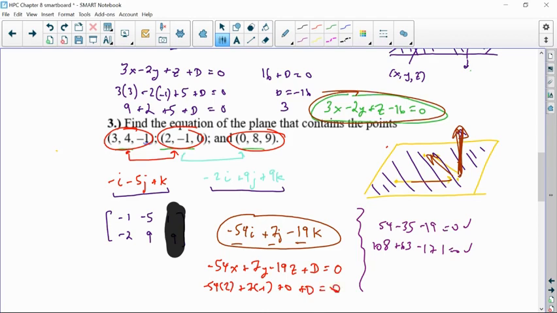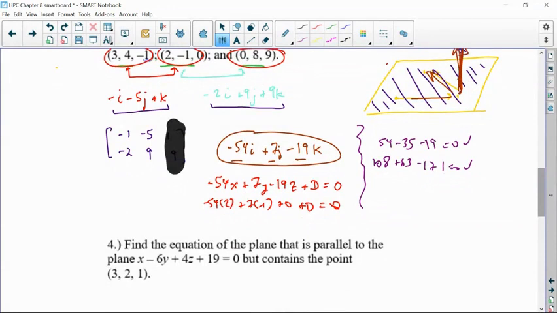Excellent. So then when we solve, that's -108 minus 7 plus 0 plus d. So that looks like -108 minus 7 is -115. So if -115 plus d is equal to 0, that means d is 115.